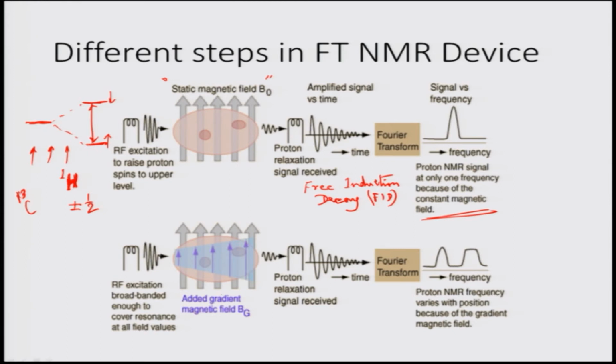On the other hand, if the added magnetic field has a gradient, then this can have different frequencies with respect to position due to the gradient magnetic field. The other way of looking at this principle is how you are changing the property of the system. Whatever be the principle, the very idea that a signal in terms of the Fourier transform of the relaxation of the excited state can be identified forms the basis of the NMR.